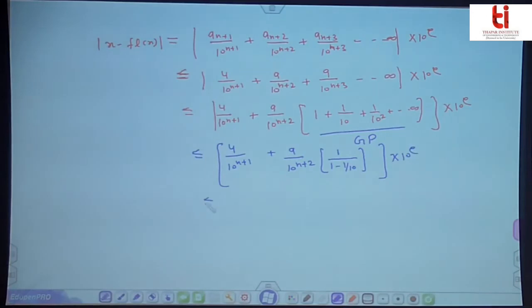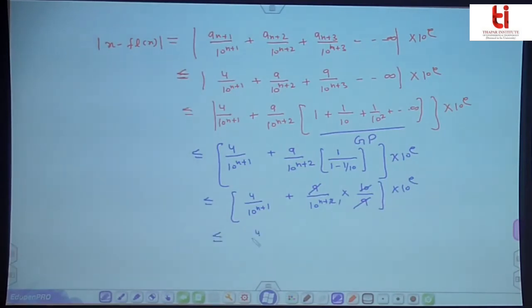so we are getting this term as it is, plus 9 upon 10 raised to power n plus 2 into 10 upon 9. 9 is getting cancelled. Okay, this 10 by 10 is equivalent to 1. So what you are getting?